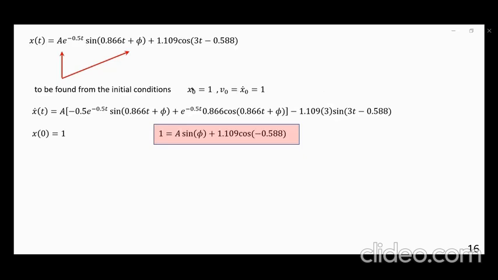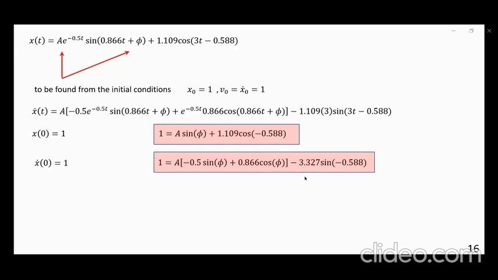So when you do the first one, when t is 0, x naught is 1, you just plug it in. This is what you're going to get. This will give you that equal to 1. And when you plug t equal to 0 in this expression, and set it equal to 1, because you're told that it is equal to 1, you're going to get this.